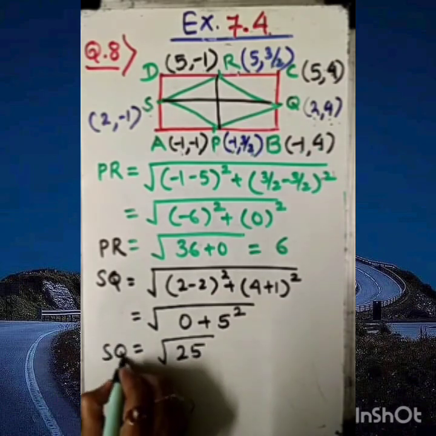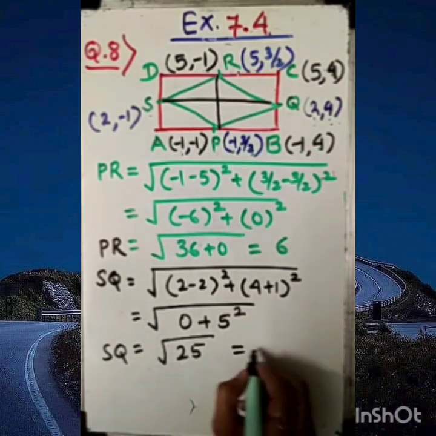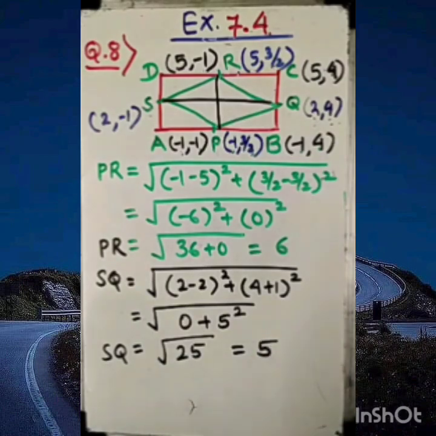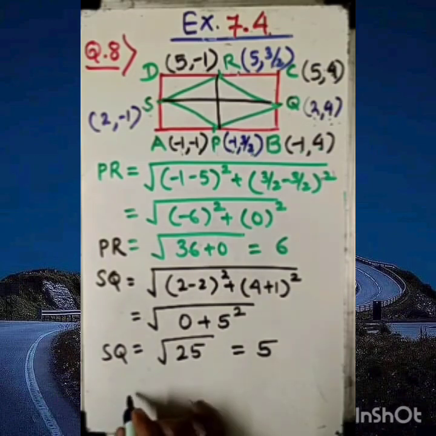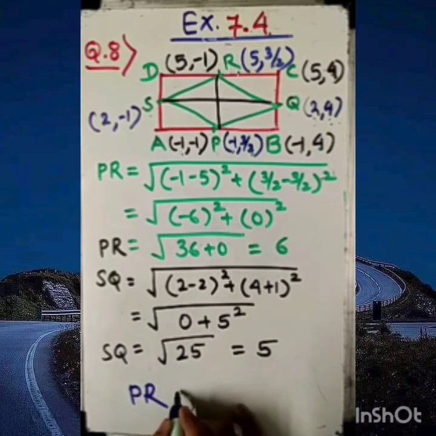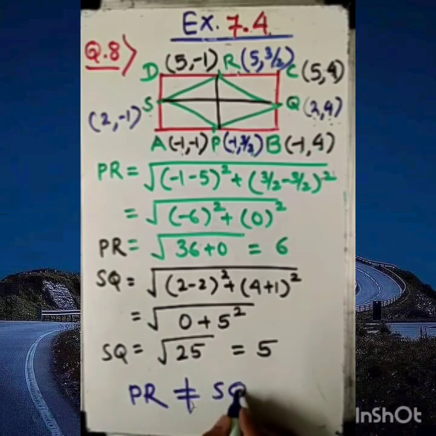So the value of SQ, under root 25, is coming 5. So one conclusion is there, the values of PR and SQ are not equal. Okay. So let's come to the final conclusion. That is, we can say PR is not equal to SQ.